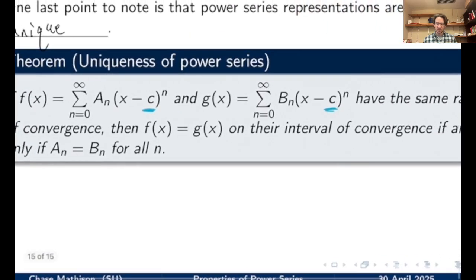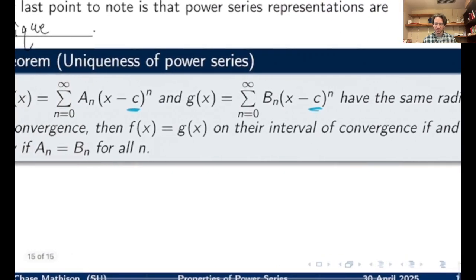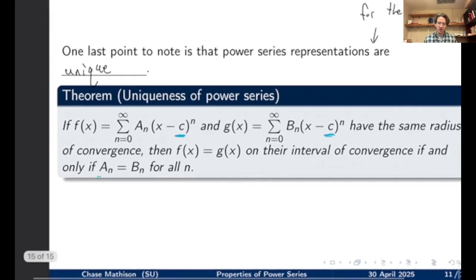If they have the same radius of convergence, then f of x equals g of x on their interval of convergence if and only if all the coefficients match up. Okay, so if all the coefficients are the same, then you're guaranteed that f of x and g of x are the same thing. Okay, so if an and bn are equal.